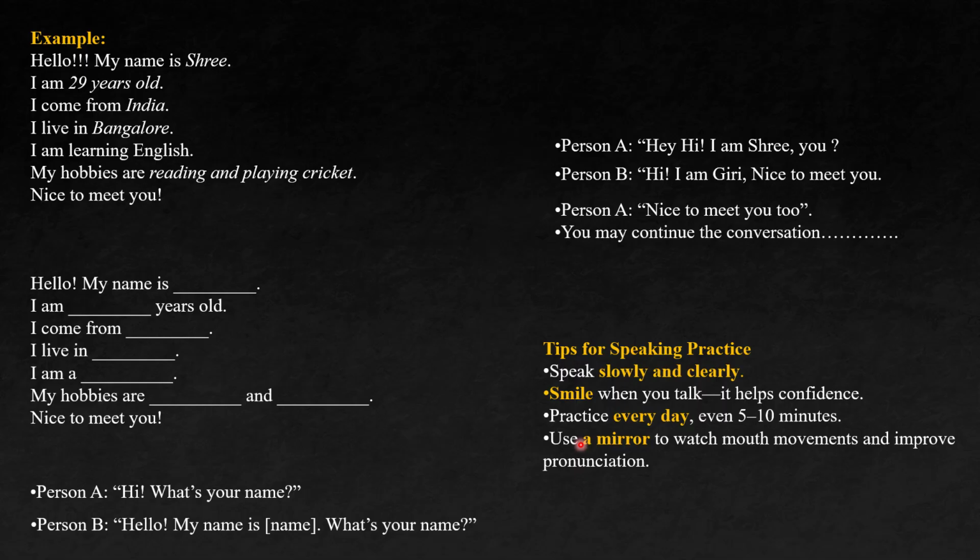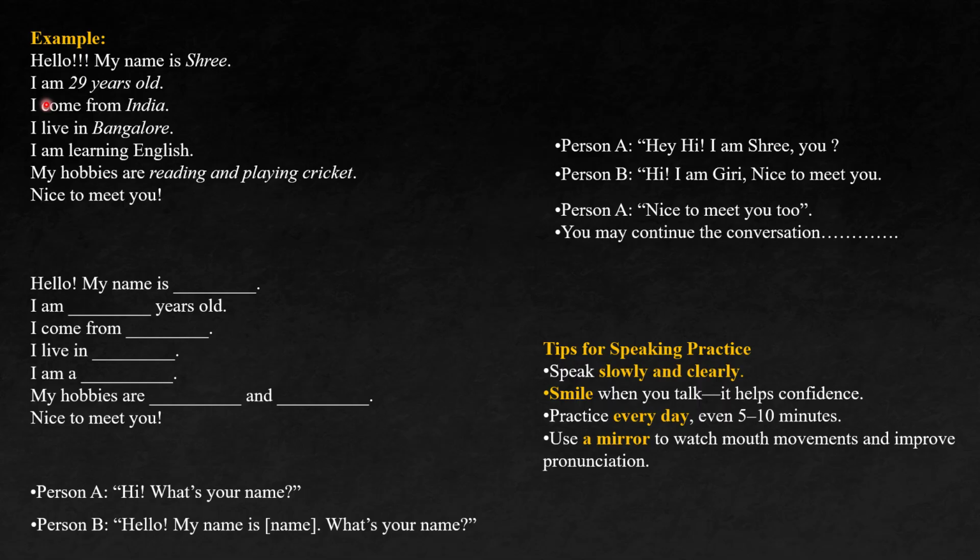You can just learn it by heart the first time. Let's say we have the example here. Initially you might speak like, as my student said, hello, my name is Shri. I am 29 years old. I come from India. I live in Bangalore.